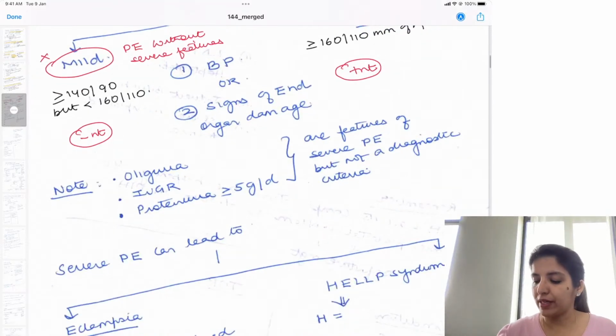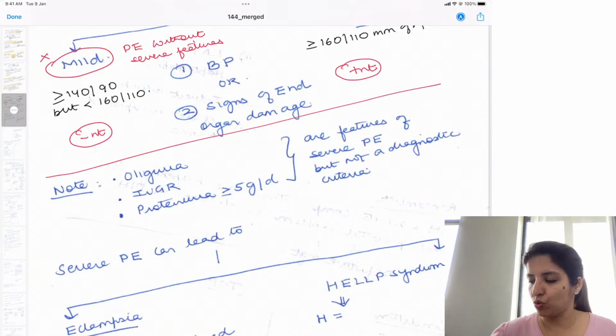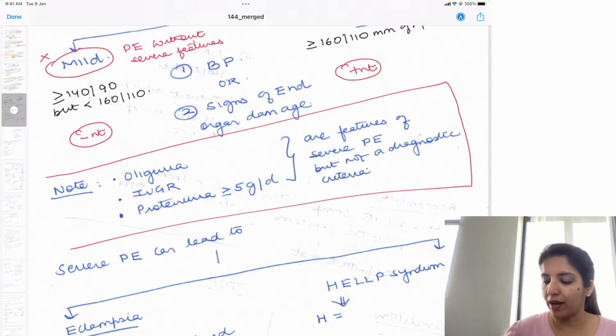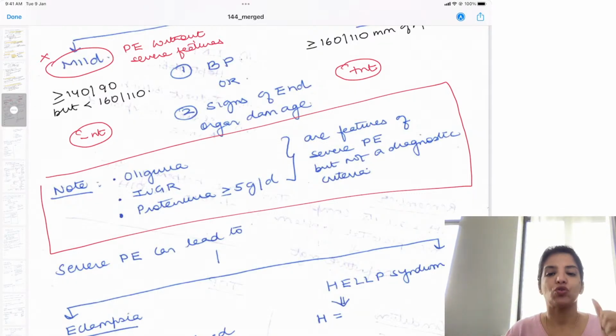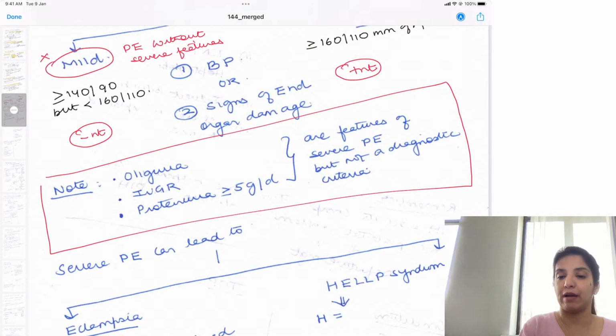Please, a very, very important note, and this note is oliguria, IUGR and proteinuria more than equal to 5 grams per day. So oliguria, IUGR or proteinuria more than equal to 5 grams per day, they are features of severe preeclampsia.